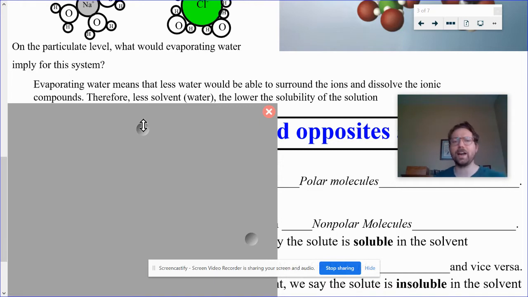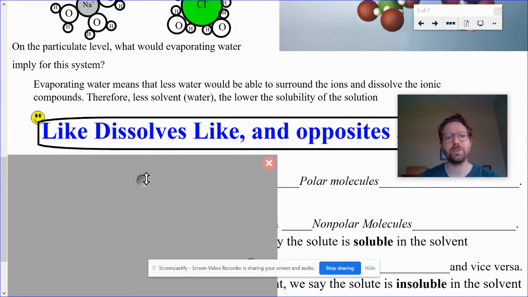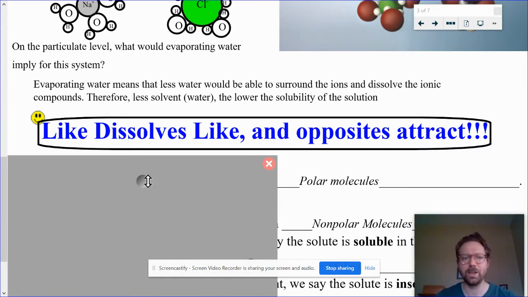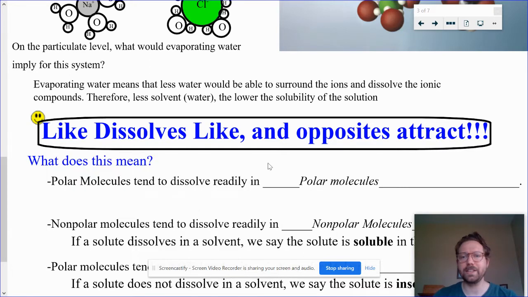So that's with ionic compounds dissolving in water. Why did they dissolve together? Well, because they had similar properties, right? Ionic compounds and water are both polar. And that leads to this next phrase that we often use in chemistry when we're dissolving things. The phrase is like dissolves like, and opposites attract.